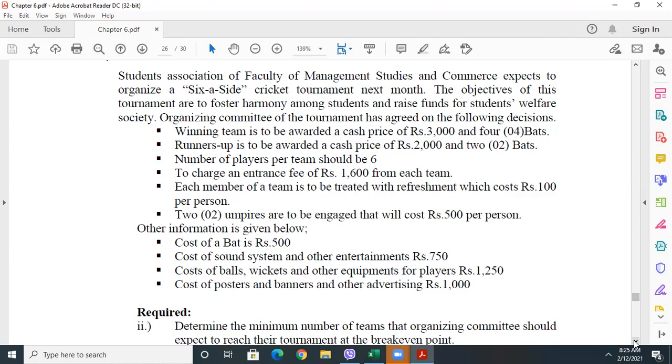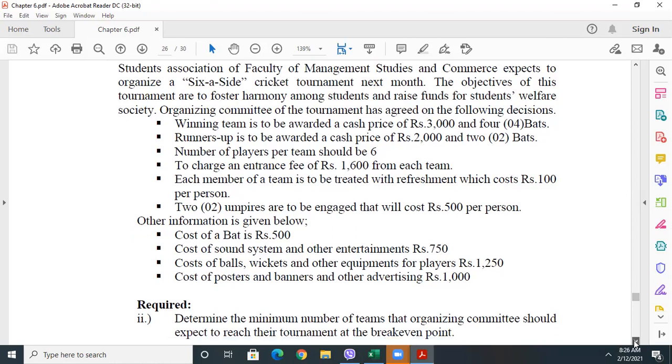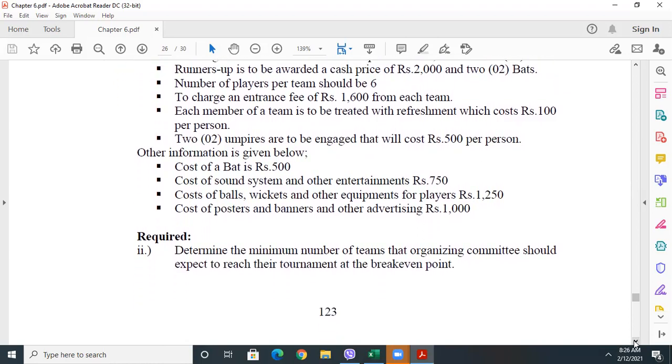Okay, given the information, the requirement is to determine the minimum number of teams that the organizing committee should expect to reach their tournament at the break-even point. Simply putting, what is the break-even number of teams?